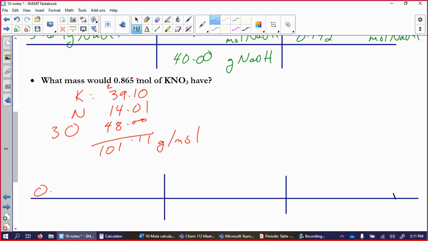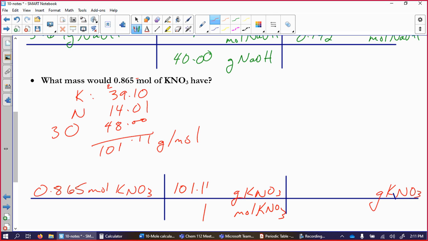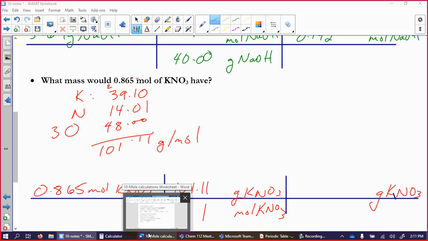Well, we're given 0.865 moles potassium nitrate. We want to know mass, which is grams. So I want grams in my numerator. I want to get rid of moles. Well, I know 1 mole has a mass of what we figured out up there, 101.1 grams, so we're looking at like 10 grams.